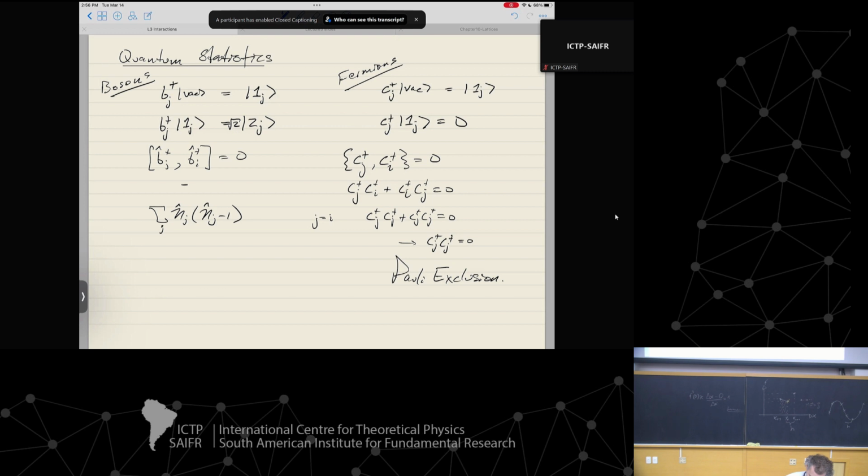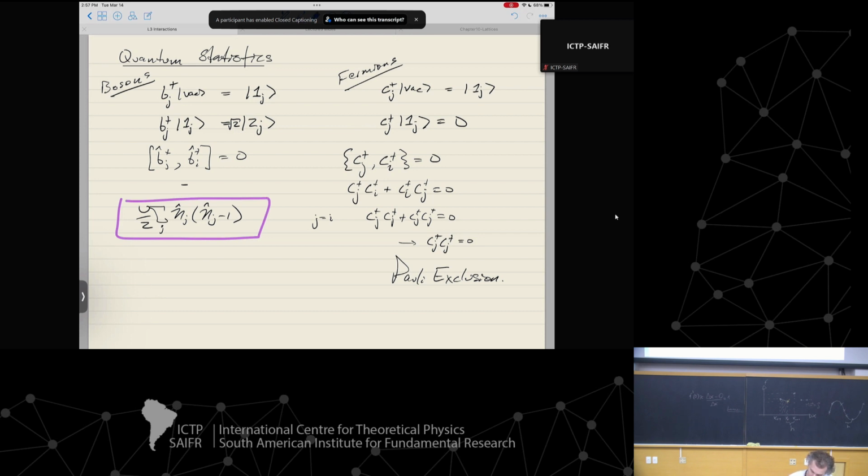And then if I have 2 atoms on the site, then I have 2 times 2 minus 1, which is 2. So I can write this out as U over 2 times n times n minus 1.